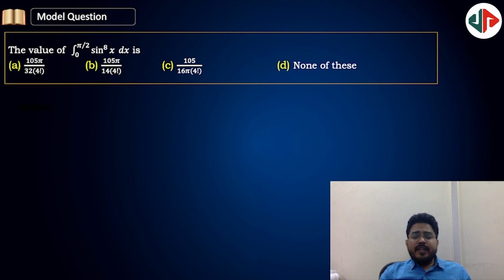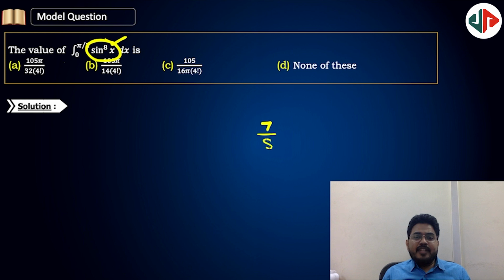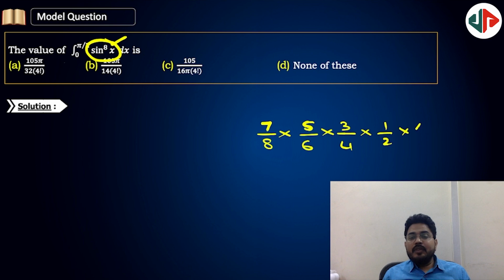The value of integral 0 to pi by 2 sine power 8x. So it is an even number, so start with 7 by 8. Next 5 by 6. Next 3 by 4. Next 1 by 2 into pi by 2. So look carefully.